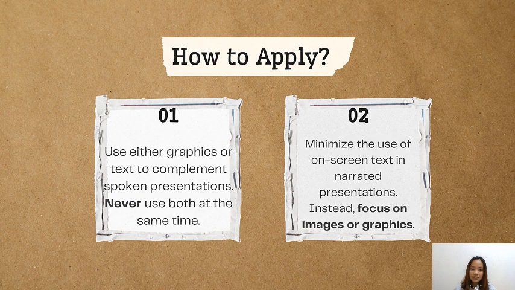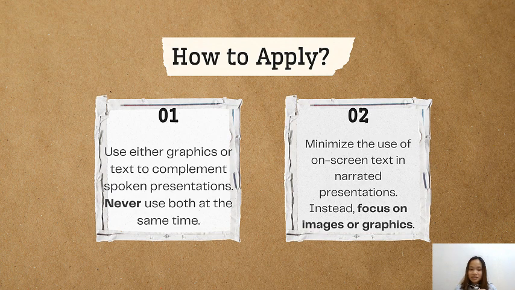But this principle suggests that instead of using text when we narrate, at least we should not use text on the slides. We can use graphics or images, and then we could narrate, instead of putting text on the slides and then also reading and narrating it at the same time.